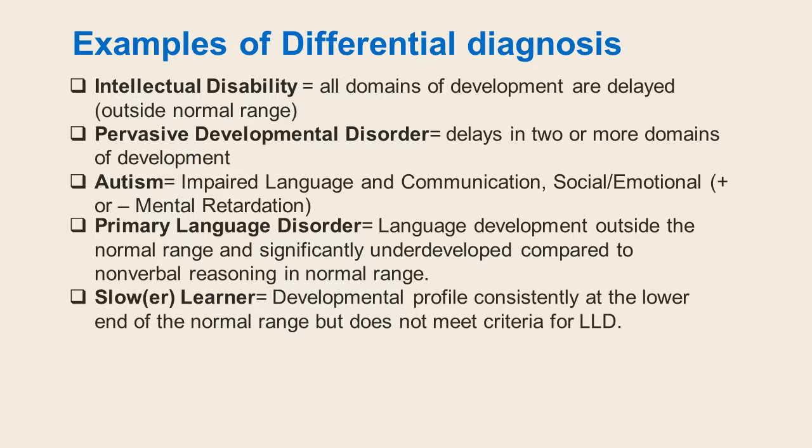When you do the differential diagnosis, you will find these characteristics in your standardized tool or checklist, and then you have your role, and you have to do exact differentiation of these conditions, of these disabilities. I hope you have understood. This was a very small topic.